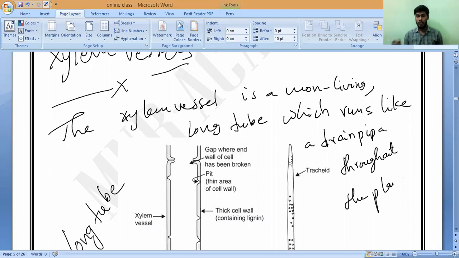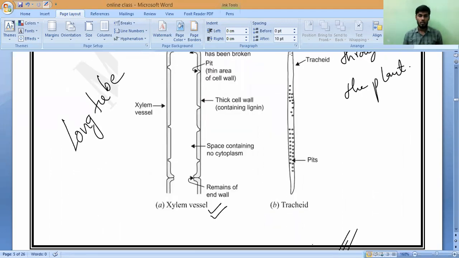Do you understand, all of you? Below it you have to draw this diagram. Will you be able to draw it? Only the first part you have to draw. Through the plant, correct?